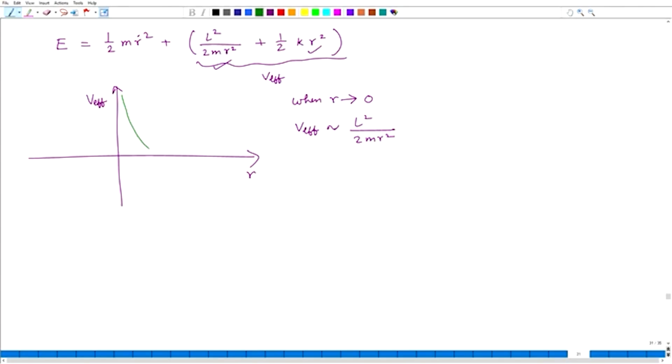Again, when R tends to infinity, then this term goes off very quickly, but this term dominates, then V effective will be half k r square, and that looks like something like this.